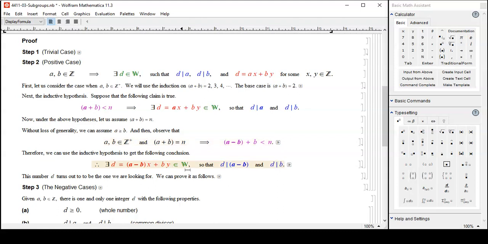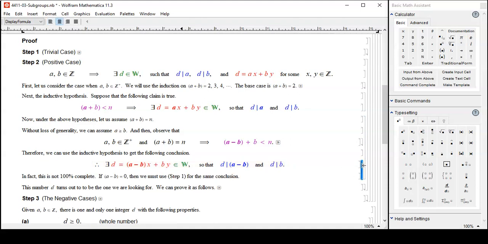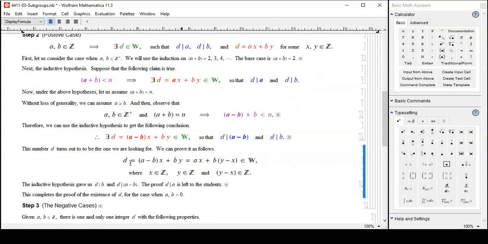We have d, which is a whole number, and let's manipulate a little bit, just a little bit. This d, break up parentheses and then factor b out, we have a linear combination of a and b: a times an integer plus b times an integer.